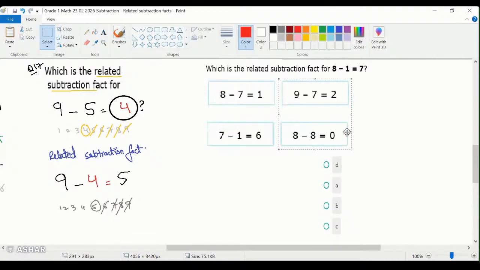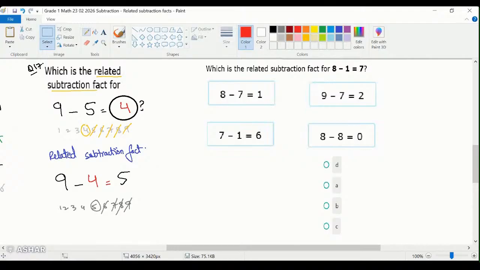I'll just label them A, B, C, D. This is question number 1. This is option A, option B, option C, and option D. We need to find the related subtraction fact for this given question, right?